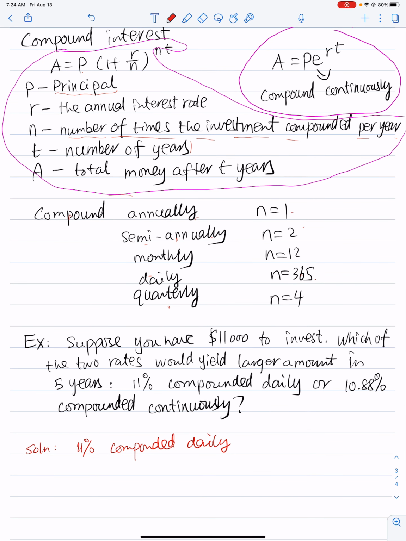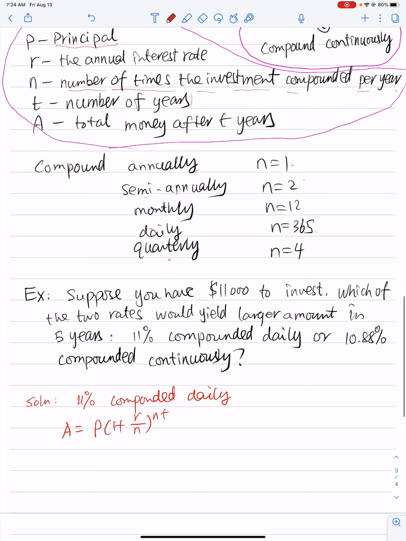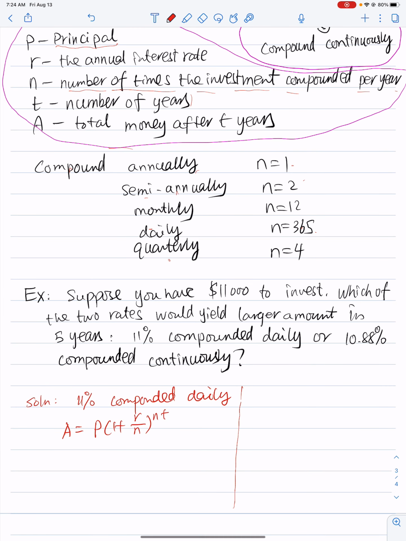The first one, yeah. So A equal to P times 1 plus r over n, to the power nt. Then we have 10.88% compounded continuously. So A equal to P e to the rt.